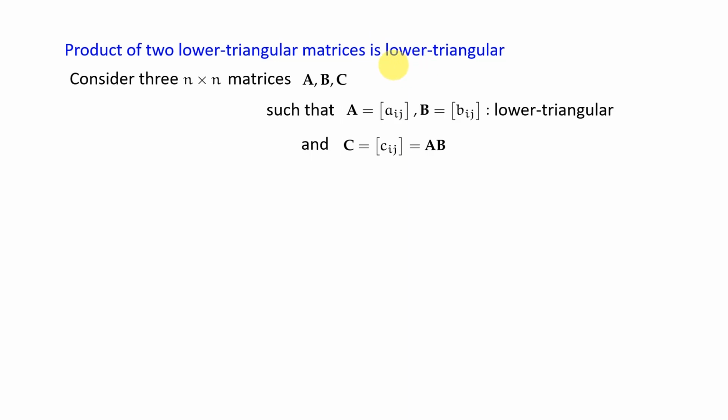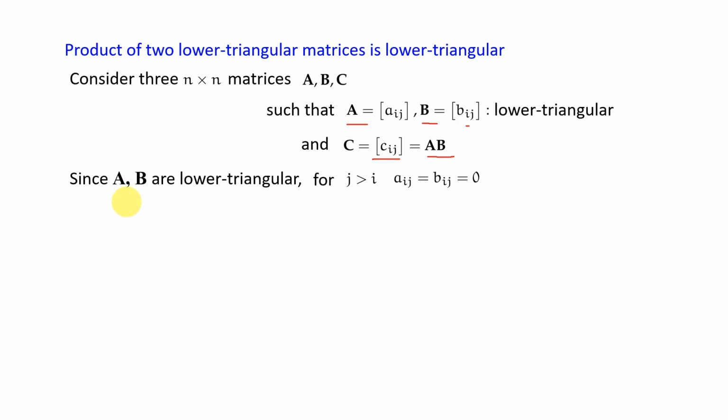Let us take two n by n matrices, A and B, both lower triangular, and another n by n matrix C, which is the product AB. Elements of C are Cij, and elements of A and B are Aij and Bij respectively. Until now we don't know the nature of Cij, but we have assumed that A and B are lower triangular, and we will go with that for now.